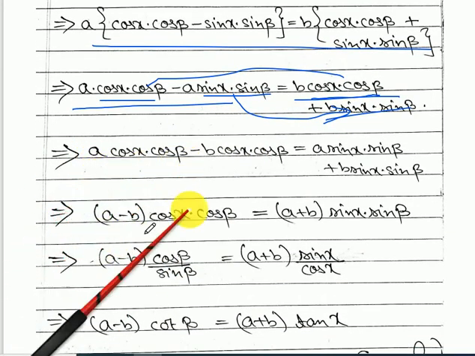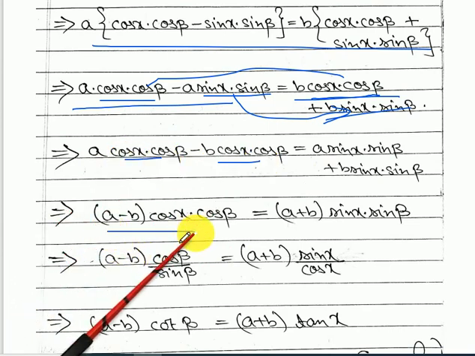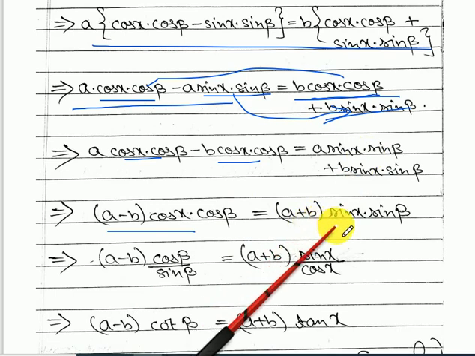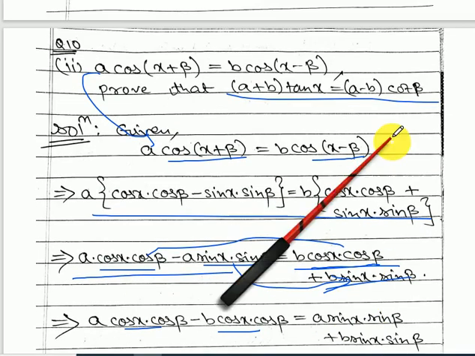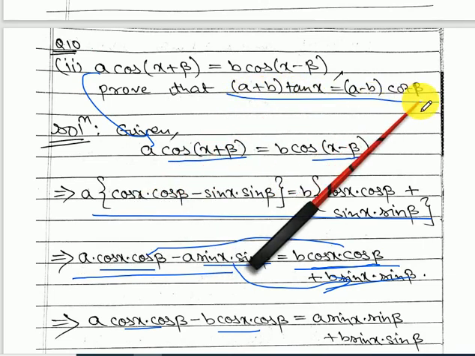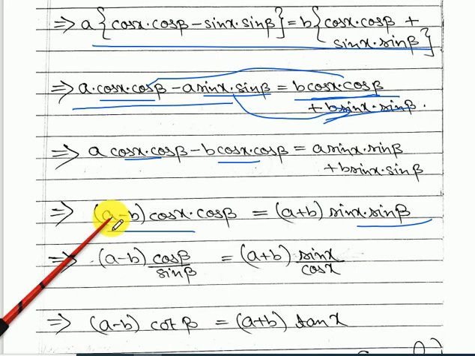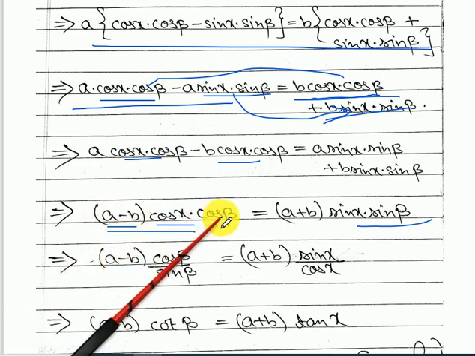Here cos x into cos beta is common in these two, so we get (a minus b) in bracket into cos x into cos beta, and here we get (a plus b) sin x into sin beta, clear. What we are supposed to prove is (a plus b) tan x and here (a minus b) cot beta. So I have here a minus b and I need cot beta, that means cos beta upon sin beta.